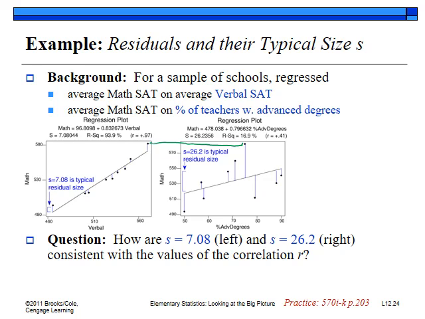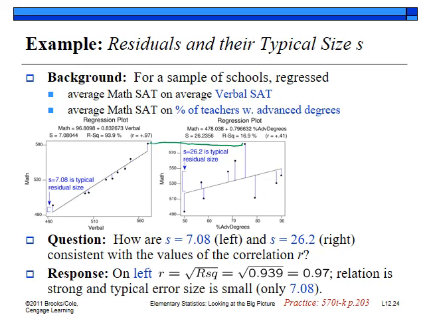So how do we interpret S for these? They were each given to us. On the left, S is 7.08, and on the right, S is 26.23. Notice that on the left, the correlation, R, is positive 0.97. That's really, really strong. It's close to positive 1. That means the typical error will be really small. 7.08, when you're talking about math SAT scores, is not much at all.